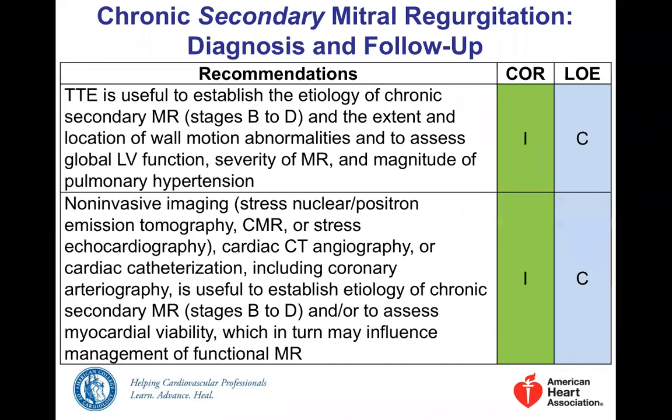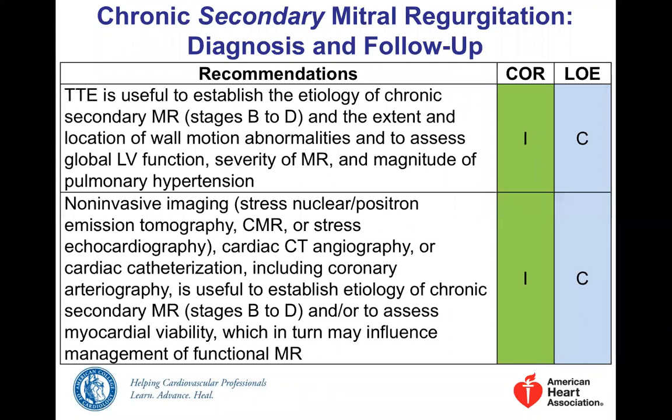We will go to chronic secondary mitral regurgitation, for the diagnosis and follow-up recommendations. Transthoracic echo is useful to establish the etiology of chronic secondary mitral regurg, stages B to D, the extent and location of wall motion abnormalities, to assess global LV function, severity of mitral regurg, and magnitude of pulmonary hypertension. It's class 1.